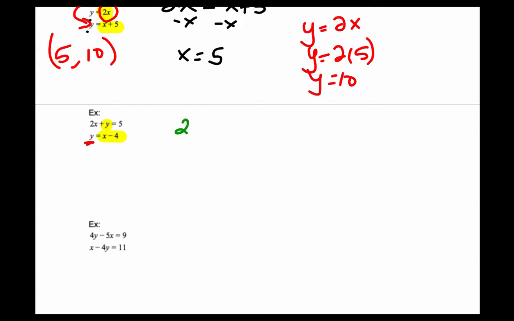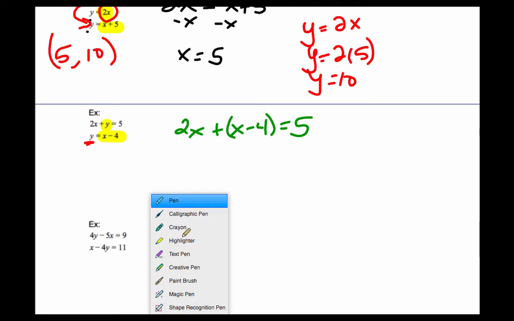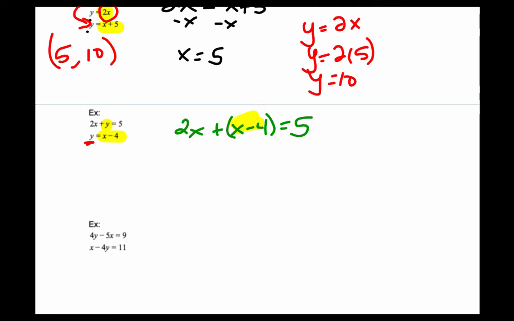So 2x plus what? Well, I'm substituting this for y. So plus x minus 4, and if you want, you can put that in parentheses. It's probably a good idea, equals 5. So again, what did I do? I substituted this in for where the y was. Instead of putting a y, I put what equals y. What equals y? x minus 4.